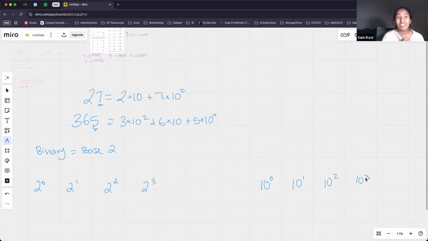Can we have a digit of 9? Yes, good. Can we have a digit of 10? No, there is no digit like 10, because once we hit 10, we move on to the next place value. That next place value is 10 to the power of 1. So instead of writing a digit of 10, we just write 1 in the second place value and then a 0 after that. The same thing happens in base 2.